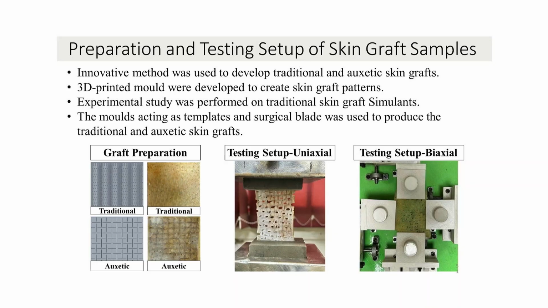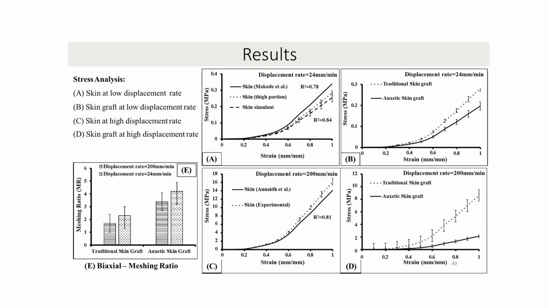So uniaxial and biaxial tests were conducted using two devices. One was a standard UTM device, and the second one was a custom built biaxial device, which I might have explained in one of the lectures, right, for biaxial testing. These are some of the results. We wanted to compare using a skin simulant material, right?